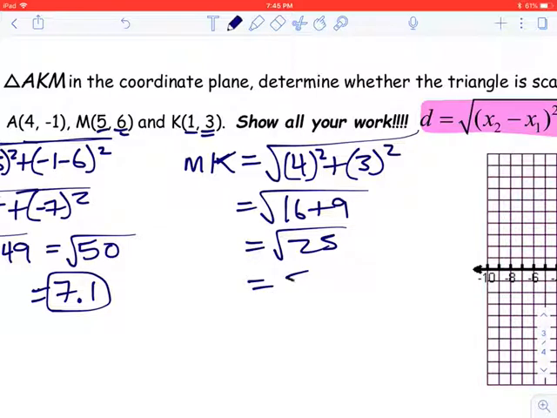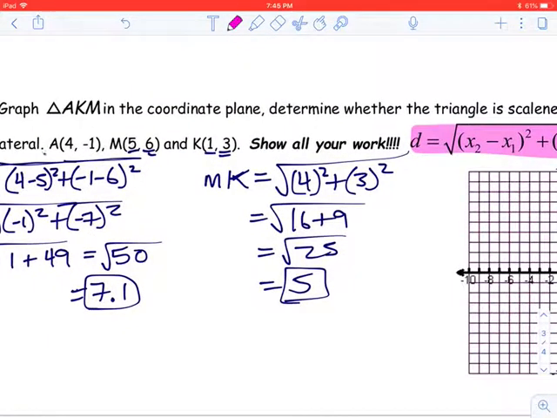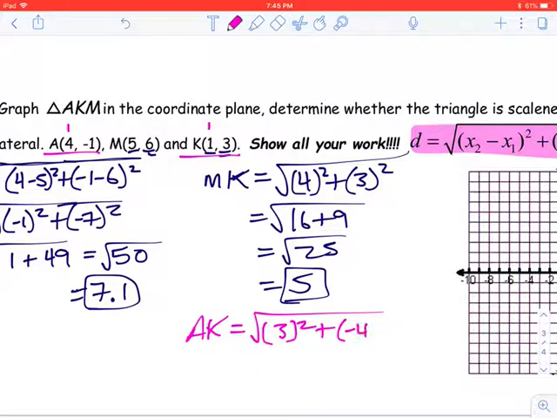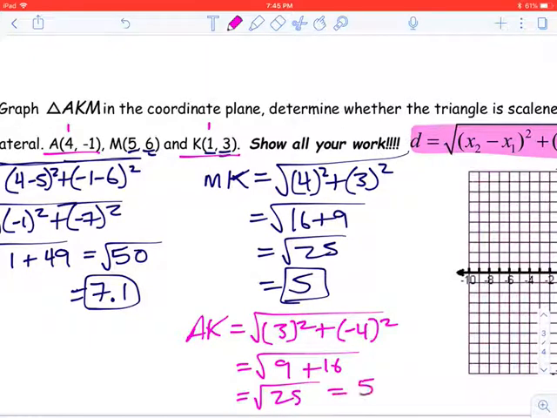Square root of 25 I know is 5. So there's that. And then the last one is AK. So AK is going to be 4 minus 1 is 3 squared. And then negative 1 minus 3 is negative 4 squared, which in this case is 9 plus 16, which we end up with square root of 25, which is 5 once again.